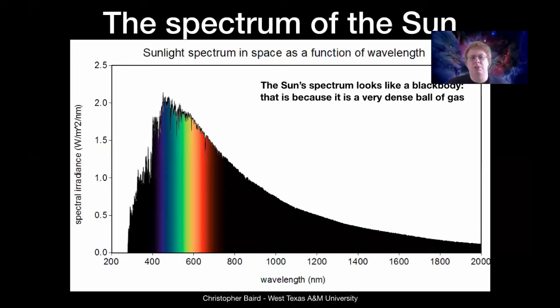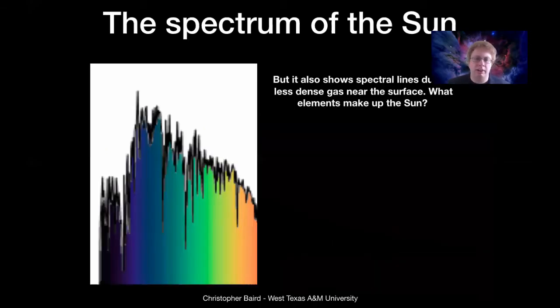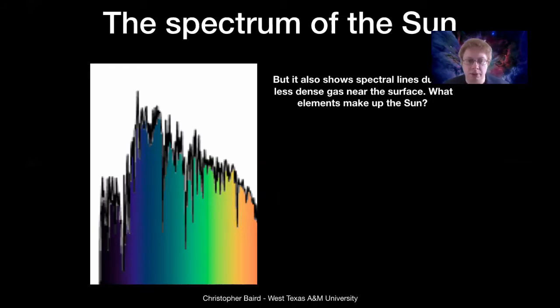But the other thing you'll notice is that even though the sun looks like a black body, because it's a very dense ball of stuff, it also has little sharp lines. Now these lines are not exactly like the ones that you saw in the emission spectra, in the arc lamp spectra from hydrogen and neon, but they're caused by exactly the same process. These are the fingerprints of the elements.